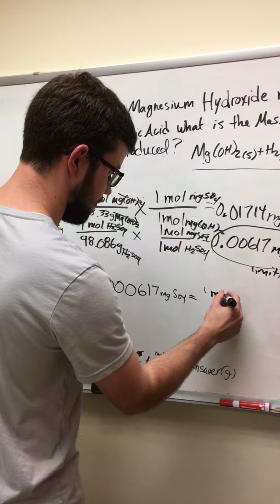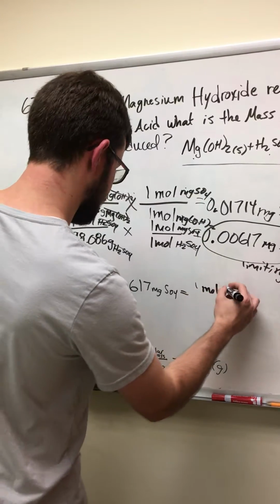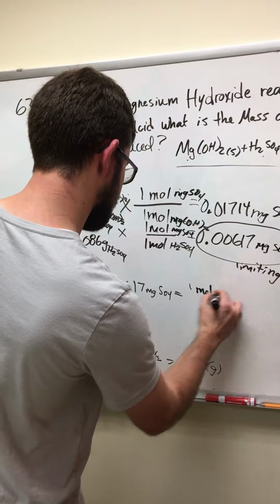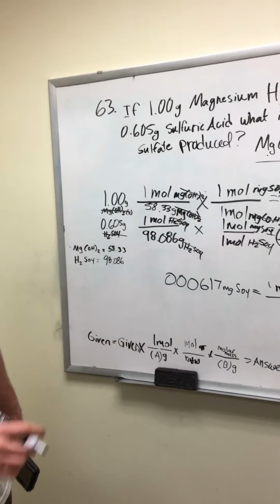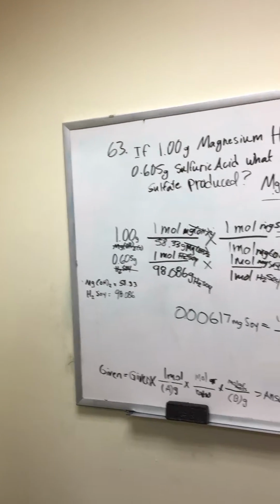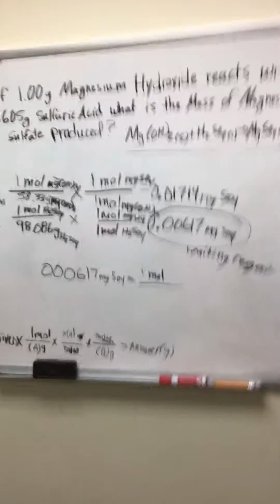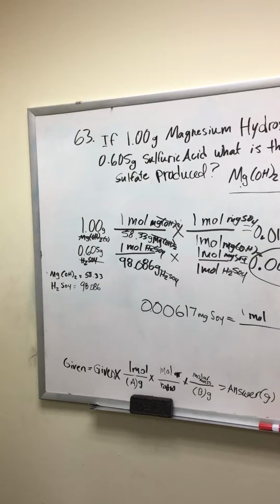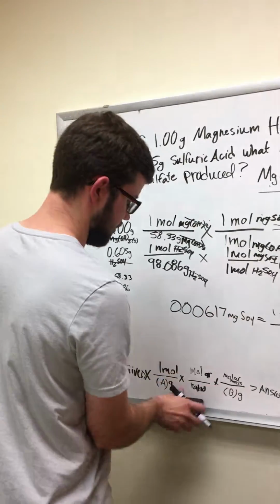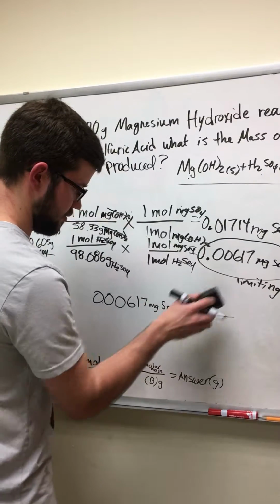So 1 mole, the molar mass I have is 120, and that's actually on top.